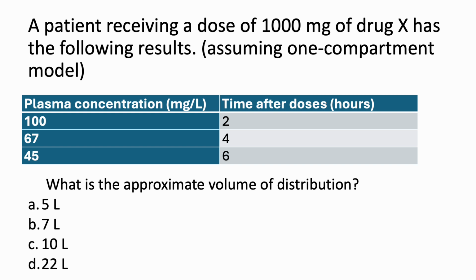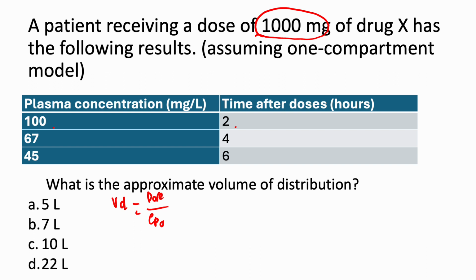So from this data, you need to calculate the volume of distribution, and we know that volume of distribution is equal to the dose divided by initial concentration. You have the dose here, 1000 milligram, but you don't have the initial concentration. Look at the data: at 2 hours after dose, you have 100 milligram per liter.